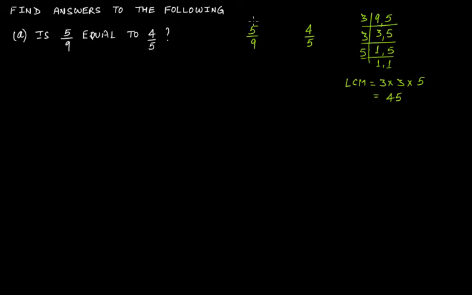Now if I have to change this fraction into an equivalent fraction having denominator 45, then of course if you divide 45 by 9, you'll get 5 as the quotient.